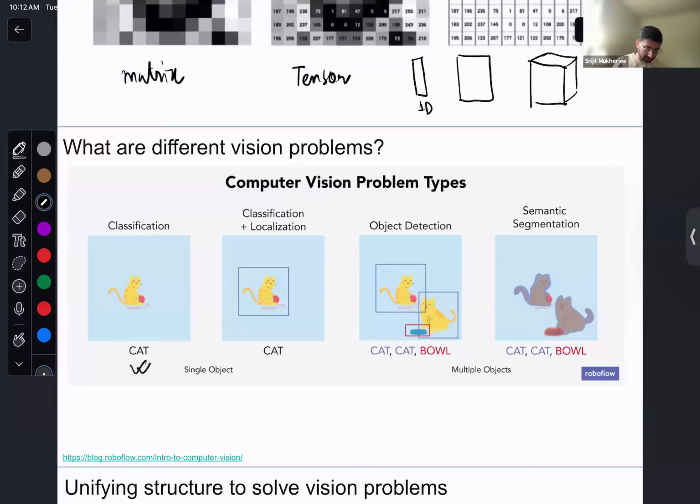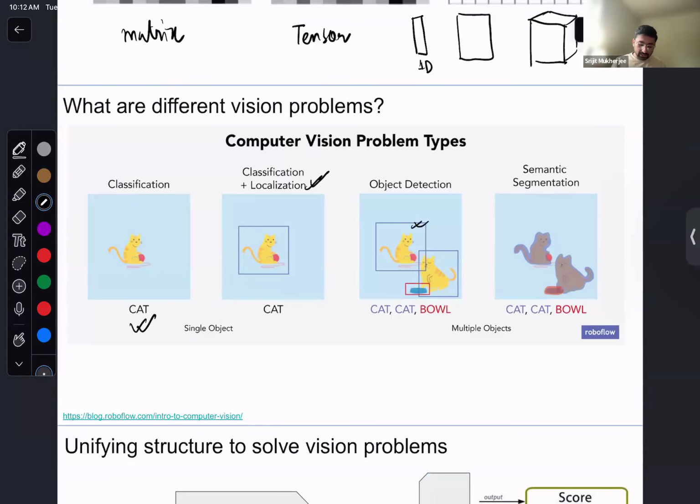That's classification. There's also localizing and then classifying, so that's classification plus localization. There can also be multiple objects, and that's where segmentation and object detection come in. Object detection is detecting what objects are there and telling which they are. But semantic segmentation is going a bit deeper. It's segmenting those regions properly.